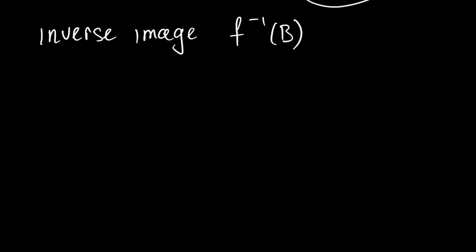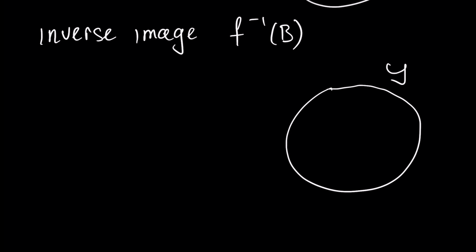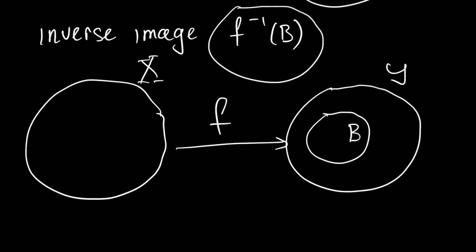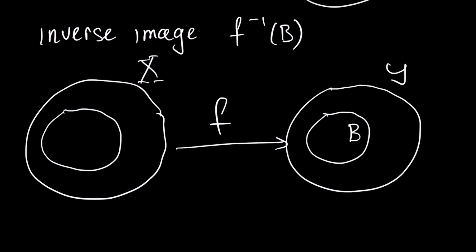Next, we have definition of inverse image. Inverse image f minus 1 of b, of some set B. Let's draw a picture. Assume we have some set Y, and this set Y is a result of mapping f from another set X. And assume after this mapping we have some set B inside Y, and this f minus 1 of B is all elements x such that after this mapping are mapped into this subset B of Y. That's why we write it using mathematical notations.